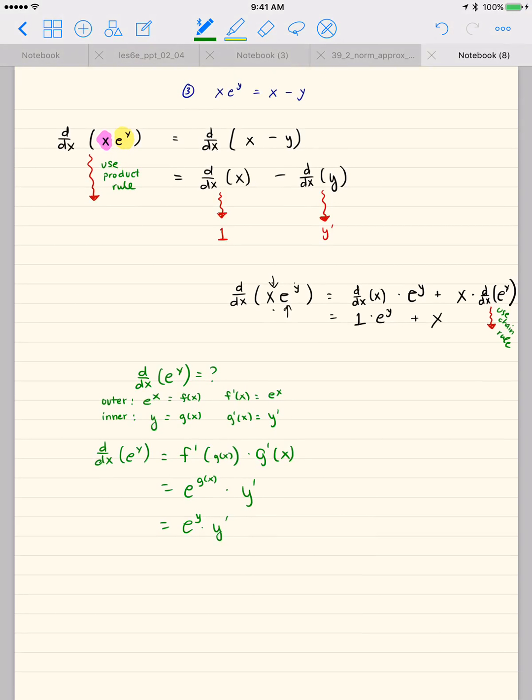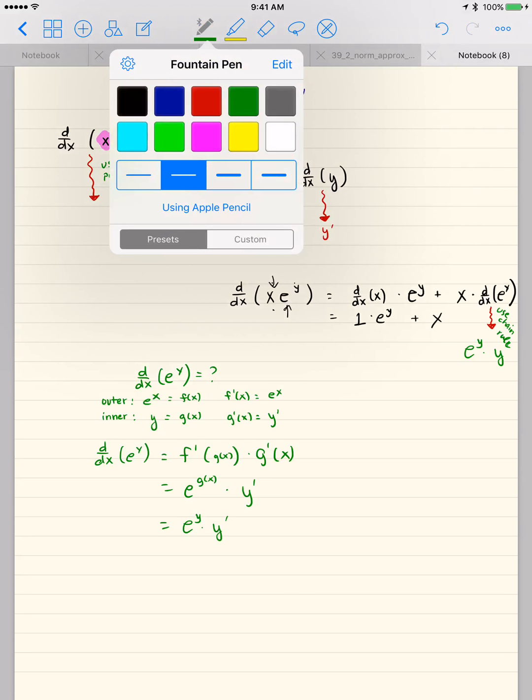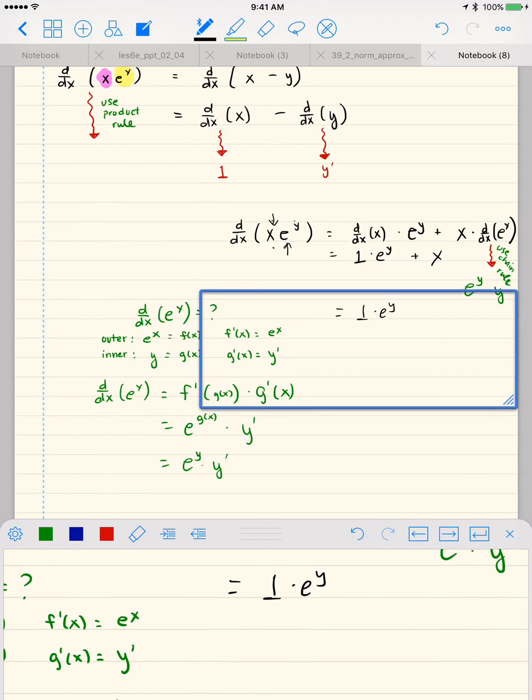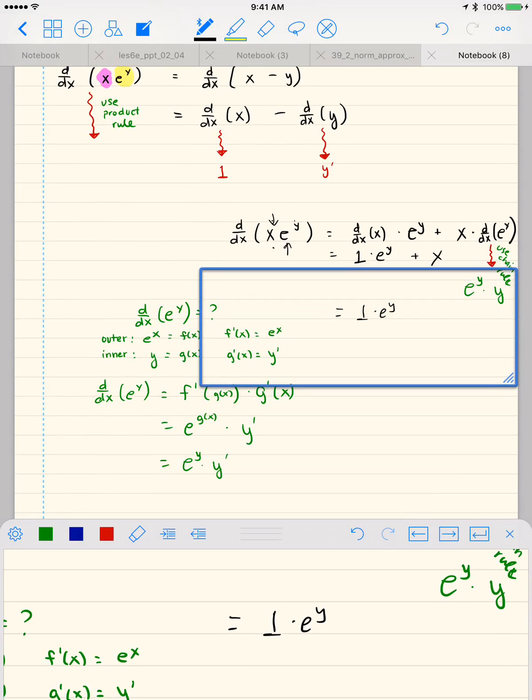Now I'm ready to finish our product rule.